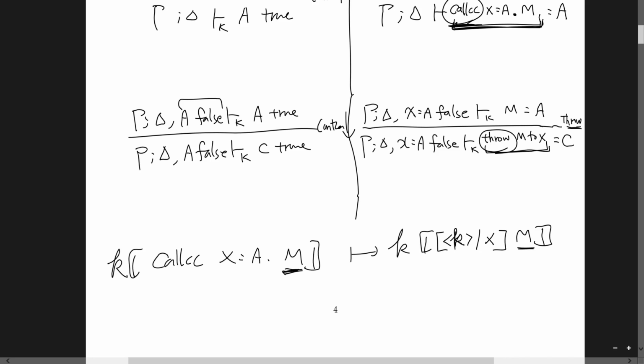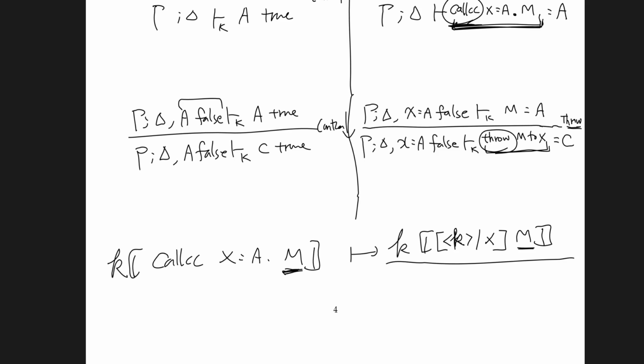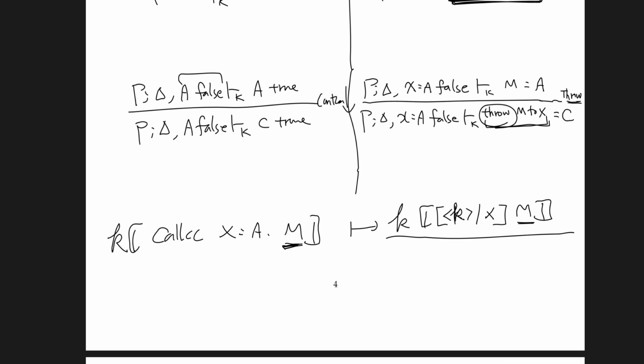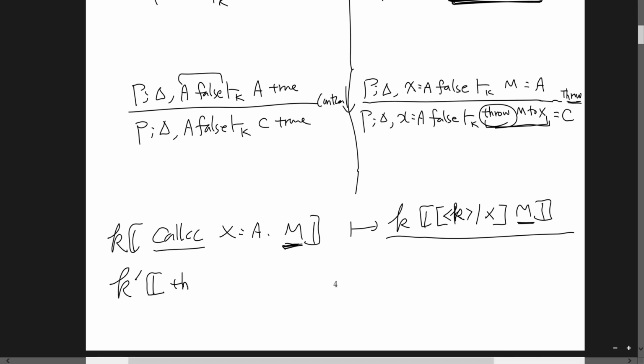We are not going to be developing the full semantics, but that's the intuition, the basic idea behind call cc. And in the case of a throw, let's say we have a kappa prime with throw M to x. This is the evaluation context kappa.